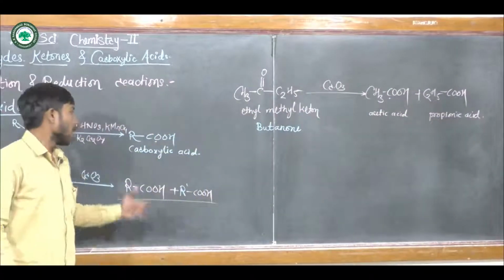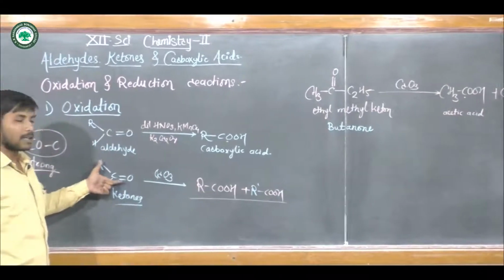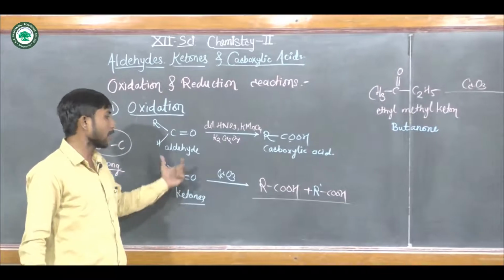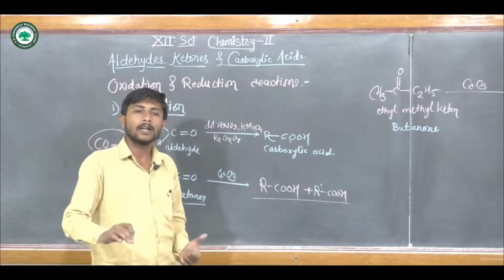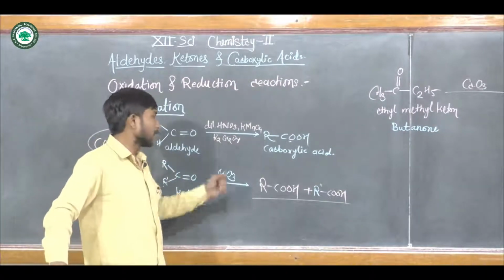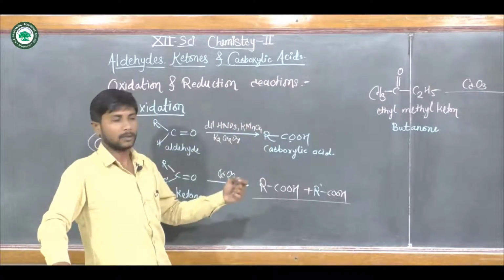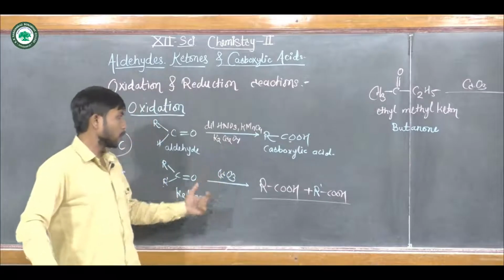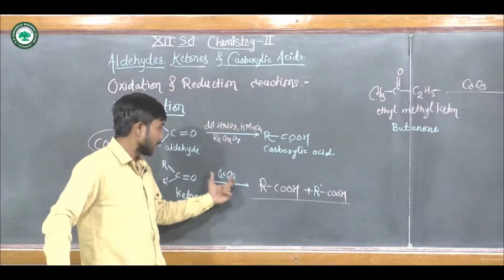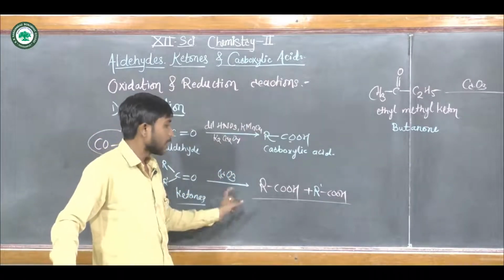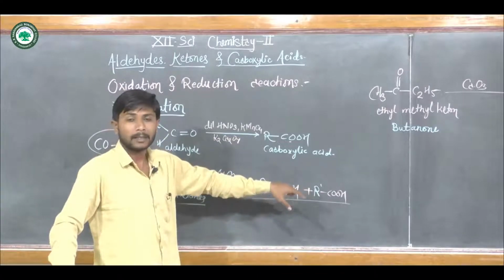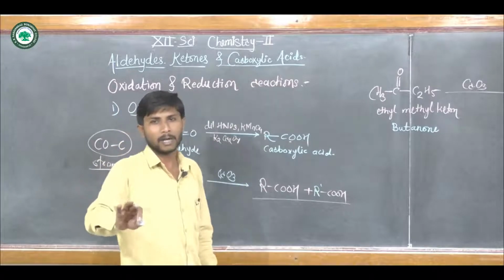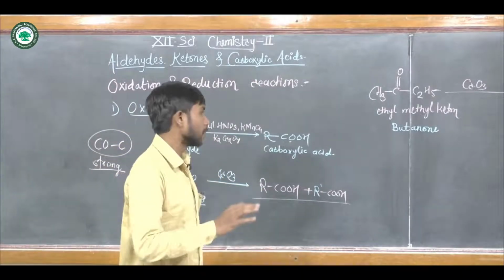As the bond between the carbonyl carbon and the alkyl group is strong, ketones generally do not show oxidation with mild oxidizing agents like nitric acid or KMnO4. Instead, if we use strong oxidizing agents like chromium oxide, they get oxidized, but there is a formation of a mixture of 2 carboxylic acids having fewer carbon atoms than the starting ketones.